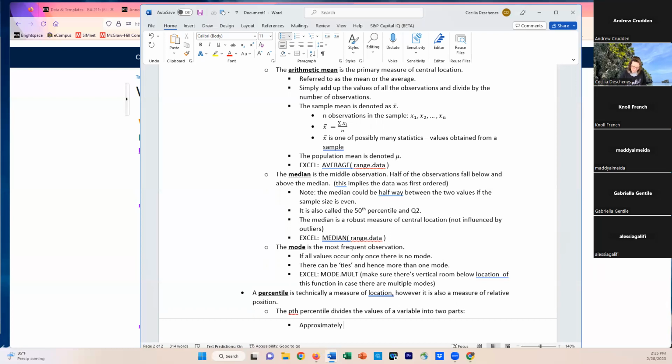Approximately P% of the values are less than the P percentile.